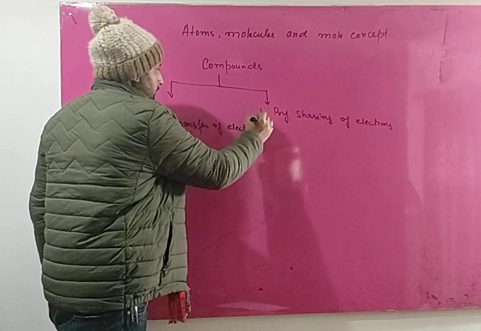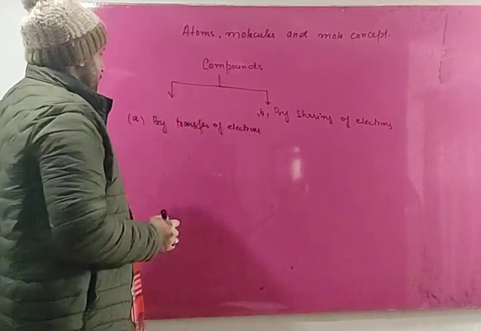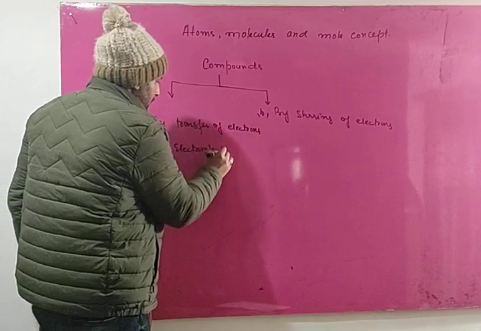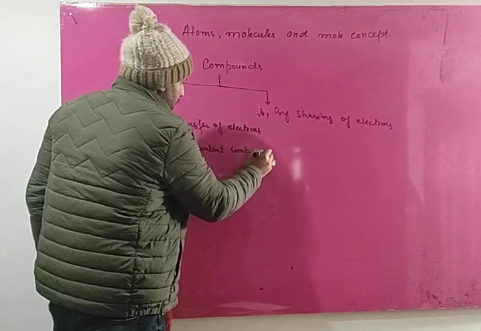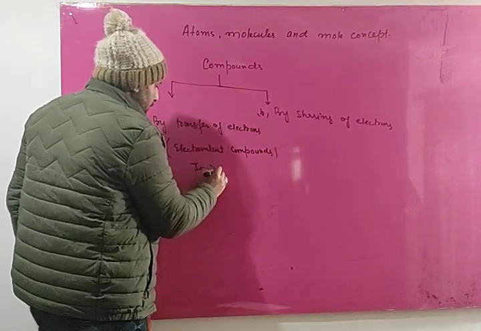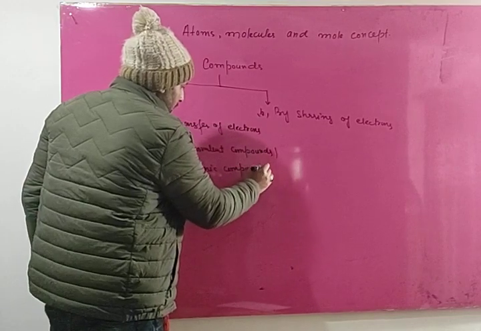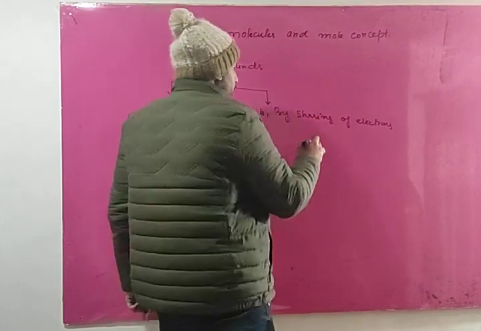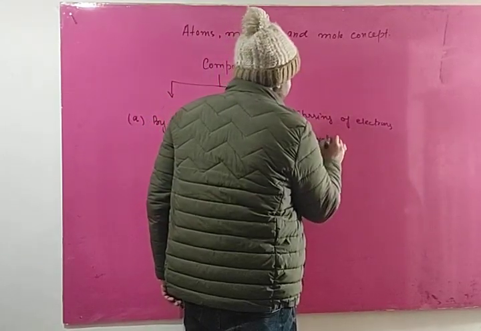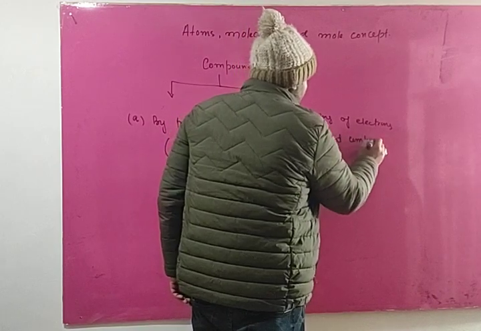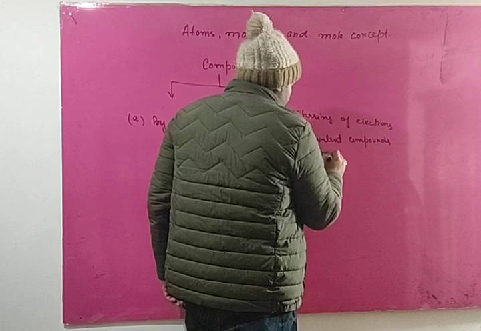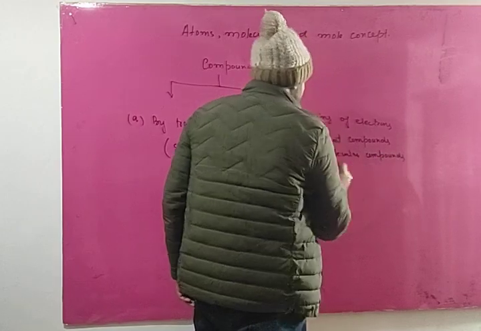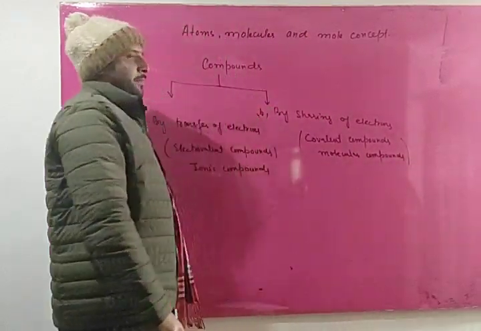Alright? इन कंपाउंड्स को जो ट्रांसफर इलेक्ट्रॉन से बनते हैं we say electrovalent compounds, जिनको हम कहते हैं आयनिक कंपाउंड्स भी. और बाय शेयरिंग ऑफ इलेक्ट्रॉन्स, जब इलेक्ट्रॉन्स शेयर होते हैं वो कंपाउंड्स जो बनते हैं उनको हम क्या कहते हैं? उनको हम कहते हैं कोवेलेंट कंपाउंड्स और मॉलिक्यूलर कंपाउंड्स भी. ठीक है?